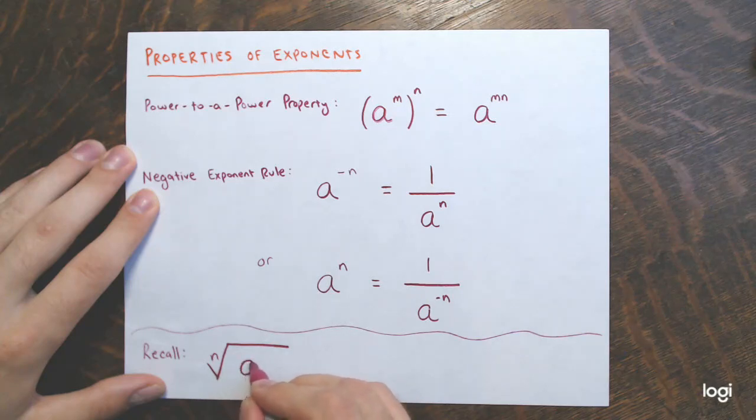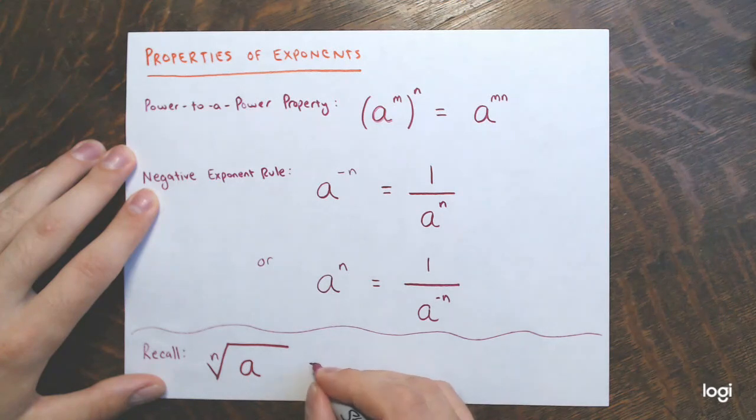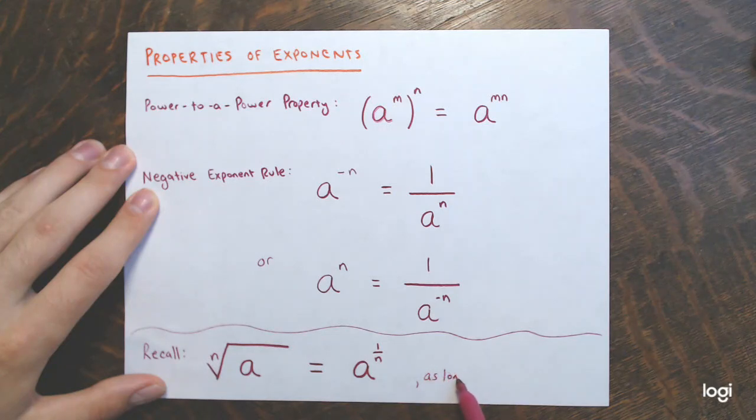When you see the nth root of some number a, that is equivalent to taking that radicand, the a, making it the base a, raised to a power, and the power will be the reciprocal of the index. So if the index is n, the exponent on the base of a is 1 over n, and again this is as long as that nth root of a is real.